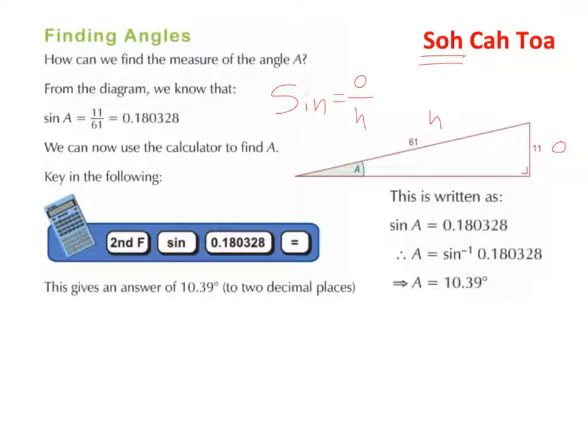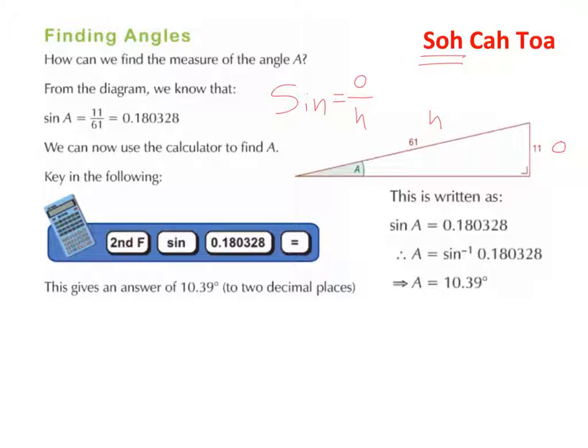So what we have to do is use the second function on our calculator. We have to get the inverse of the angle. We can now use the calculator to find A, key in the following: second function, sine, 0.180328, equals, and this will give an answer of 10.39 degrees to 2 decimal places.